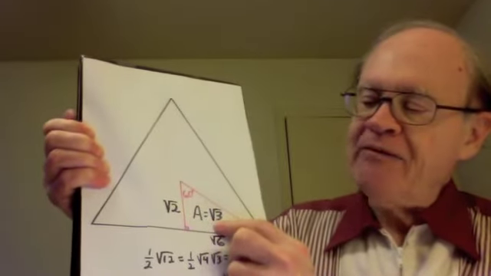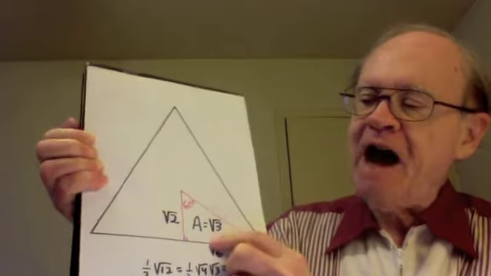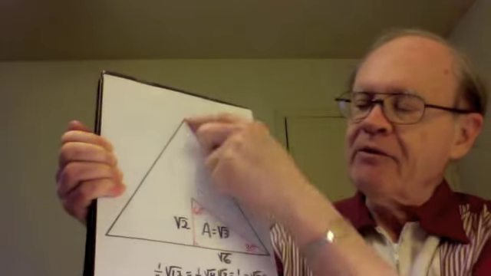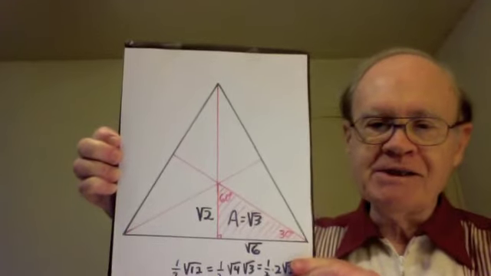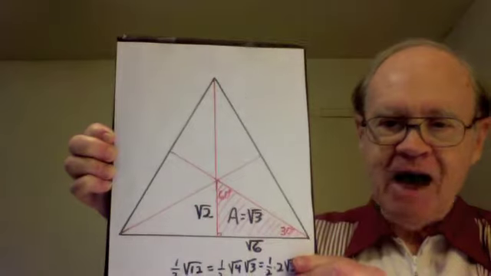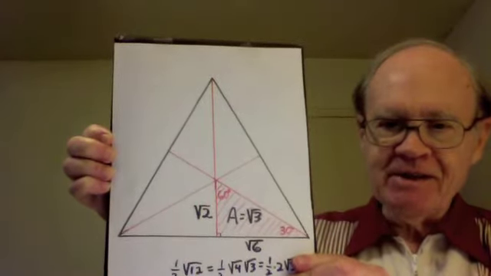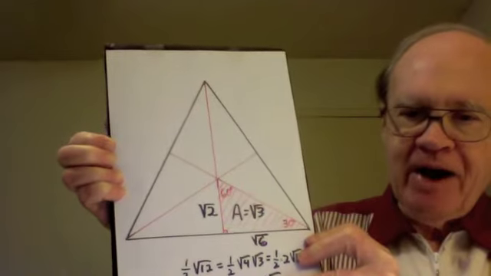How can we use that fact, this area is the square root of 3, to find the area of the entire equilateral triangle? Well, there are 6 triangles all the same size, like this one triangle, to comprise the entire triangle.